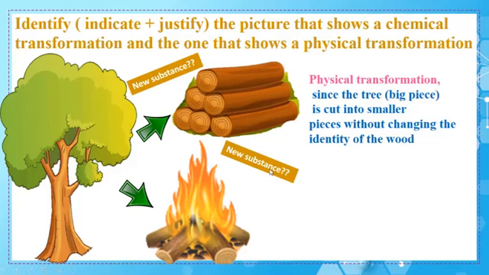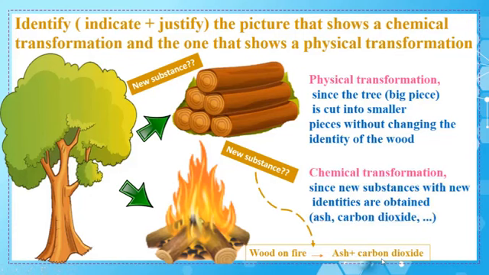Do we obtain new substances? Good. Wood on fire will change into ash and carbon dioxide gas. That's good. Then, what do we call it? Good. It's a chemical transformation, since new substances with new identities are obtained. Ash, carbon dioxide, etc.